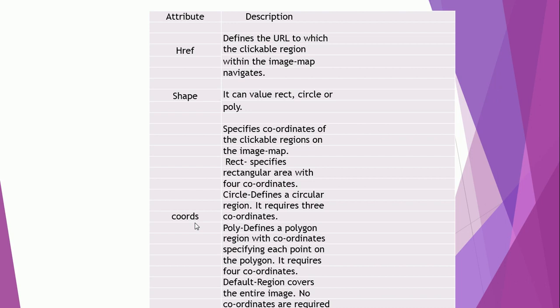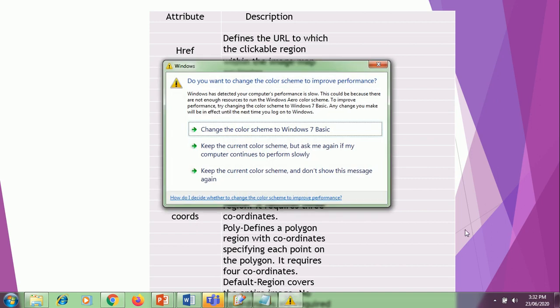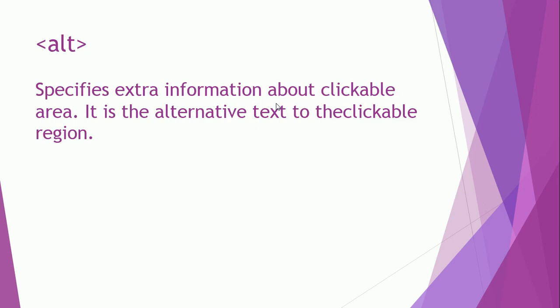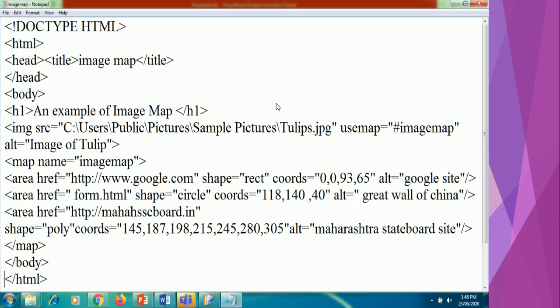This href attribute defines the URL to which the clickable region within the image map navigates. Okay. Shape. It has a value rect, indicating a rectangle, circle or a polygon with the help of coordinates. ALT. This ALT attribute is nothing but alternate text. It specifies the extra information about the clickable region.